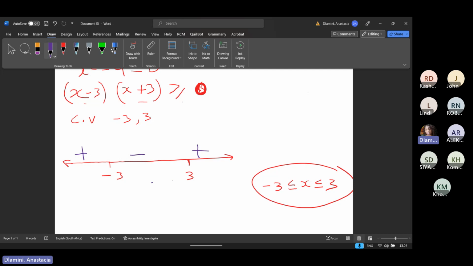Remember, you have plus, minus, plus. It said less or equals to, we put it when minus is. Now it says greater or equals to. Where do we put it? Guys, please help.